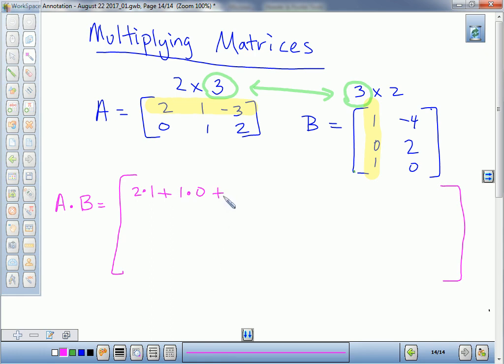Now we're going to do the same thing, but with the first row and the second column, and that will give us this.